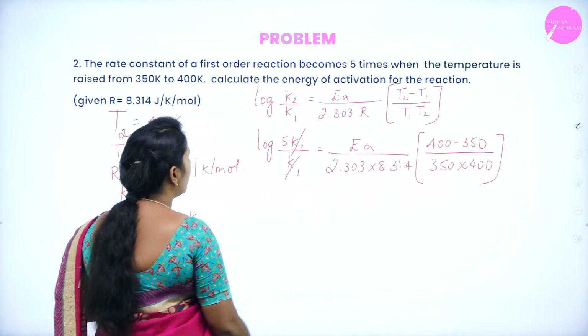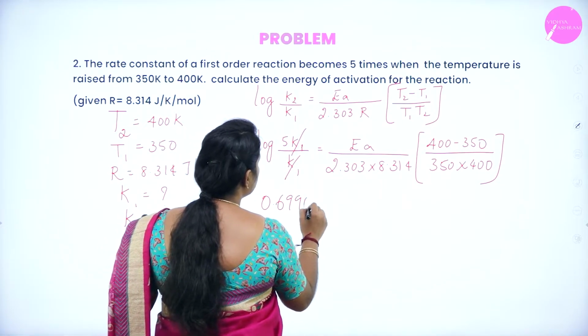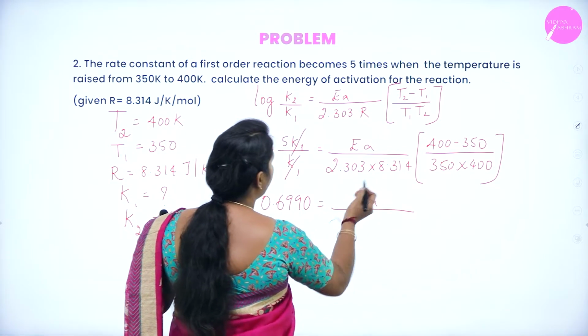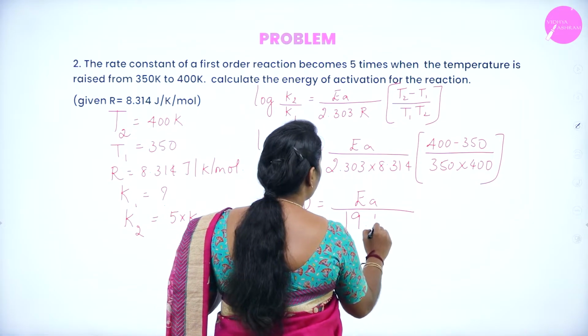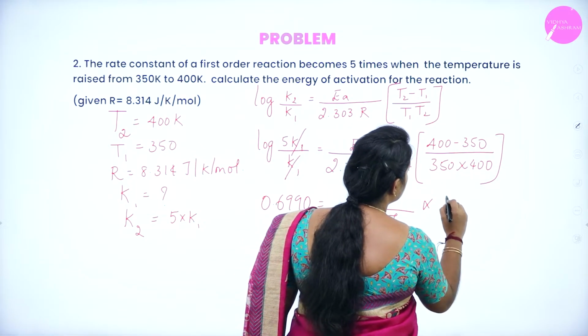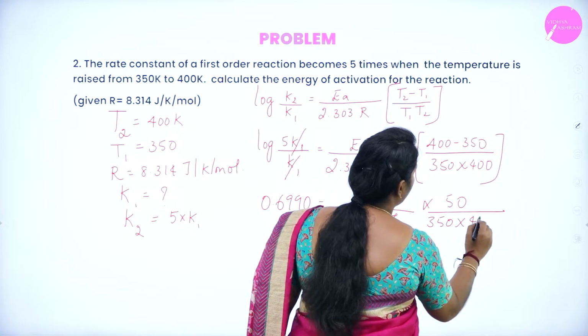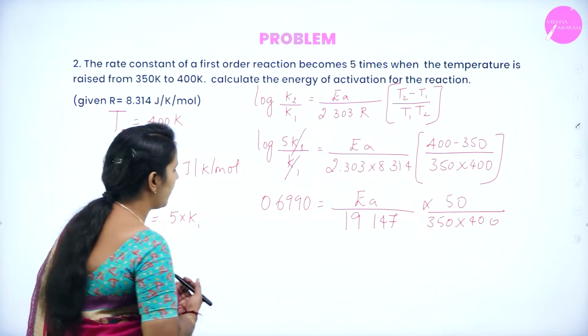If you find out the log 5, you will get 0.6990 is equal to EA divided by, if you multiply 2.303 into 8.314, 19.147, into the difference 50 divided by 350 into 400. Now again we need to find out the energy of activation.